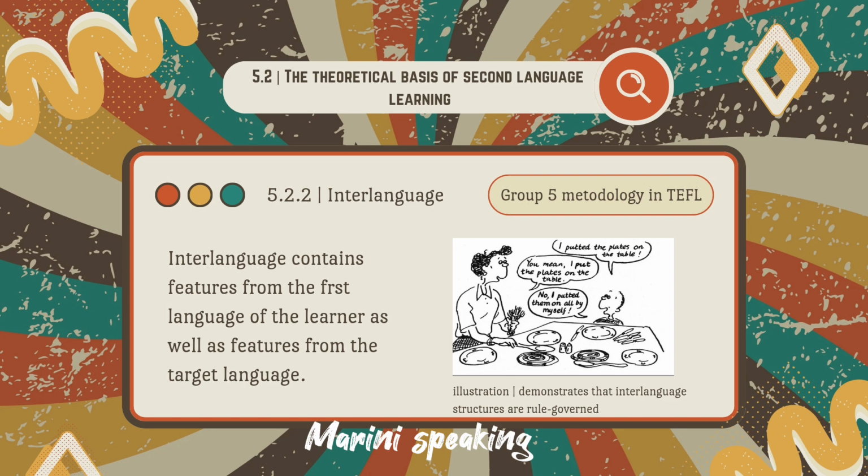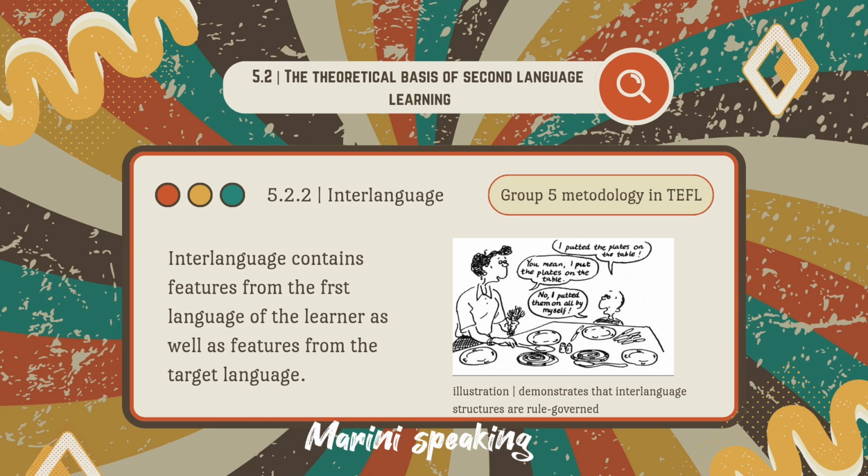Interlanguage refers to the individual mental grammar of each language learner of a second language who has not yet fully acquired the target language but only approximates it. Interlanguage contains features of the target language but also innovations by the learner that are neither target-like nor in line with the learner's first language.